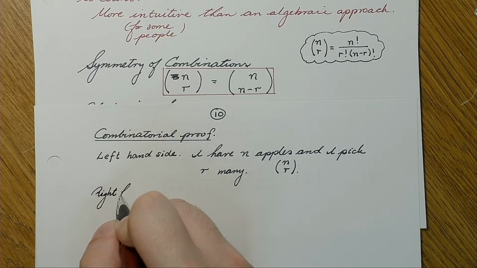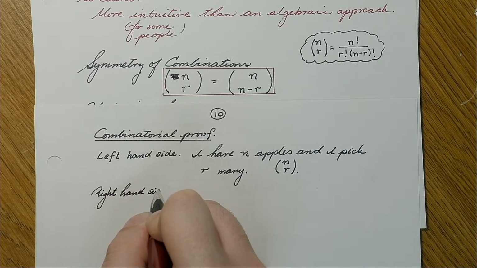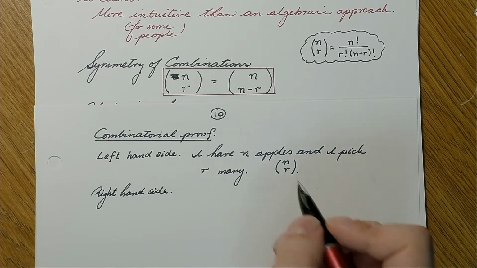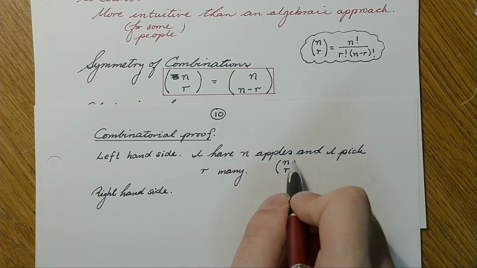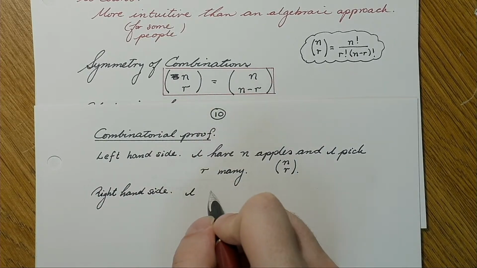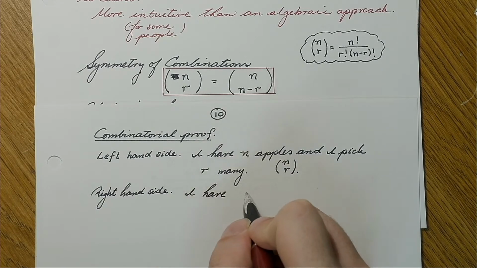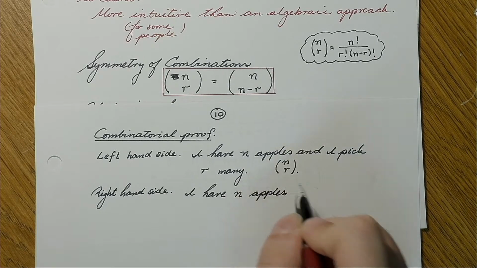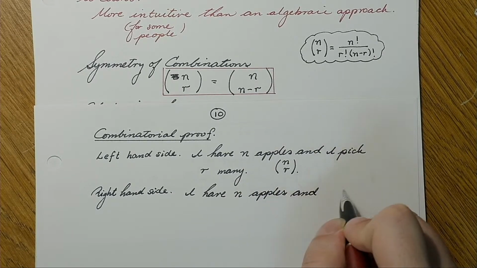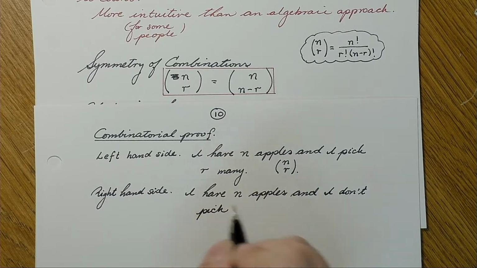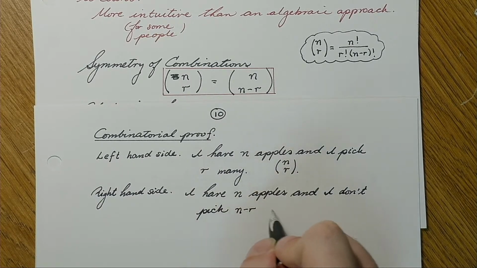Now the right-hand side. So again, I'm coming up with some sort of story. For the right-hand side, again, I have n apples and I don't pick or select n minus r many.